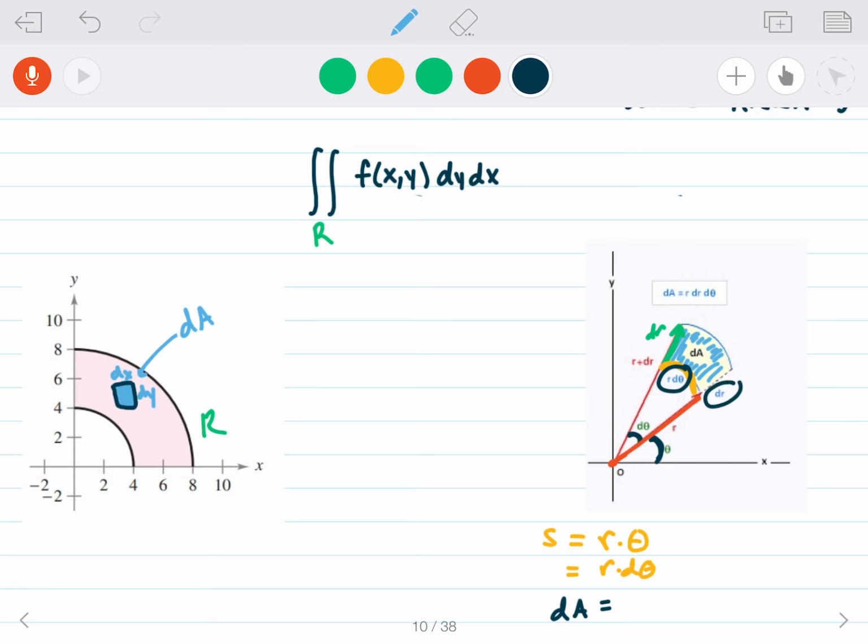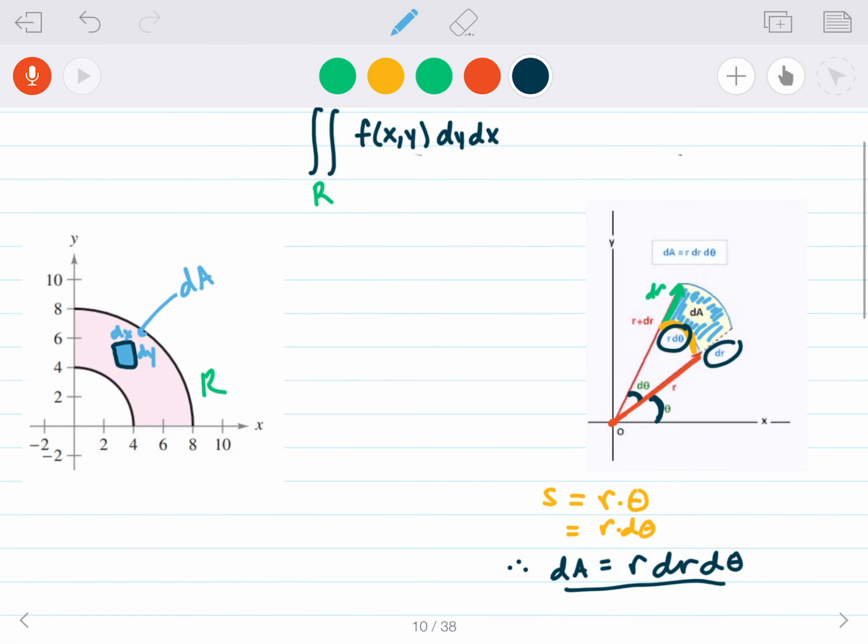So the area becomes r dr d theta, or you can write r d theta dr and just move the r to the front. But this is the idea. This is how we're going to change our dx dy into r dr d theta. So dA, before we knew it was dx dy, and now in polar coordinates it's r dr d theta.